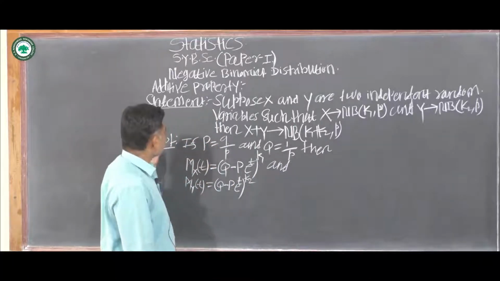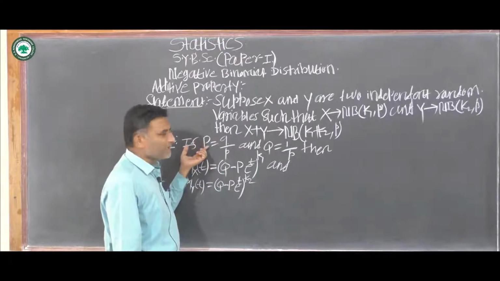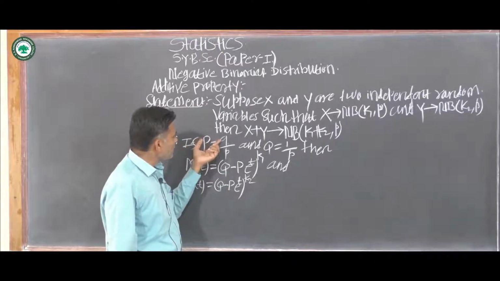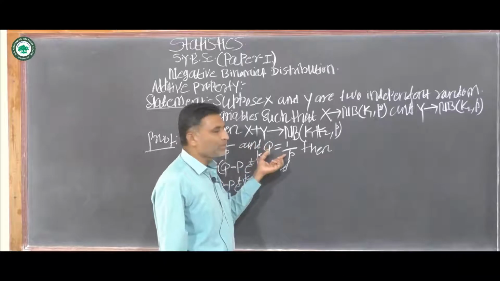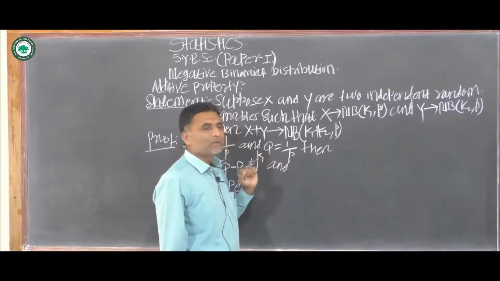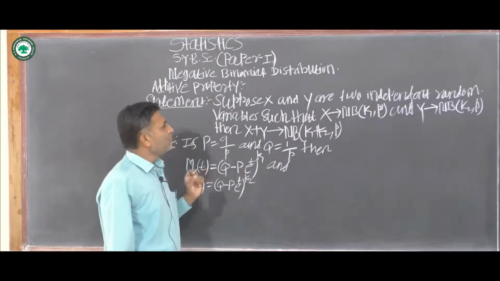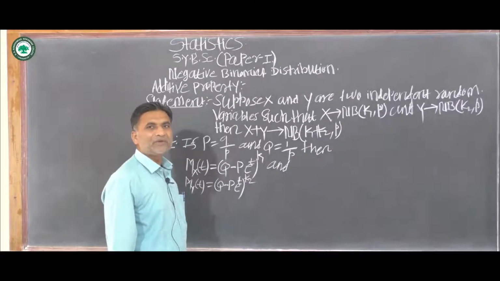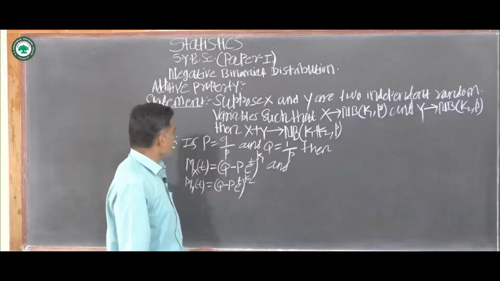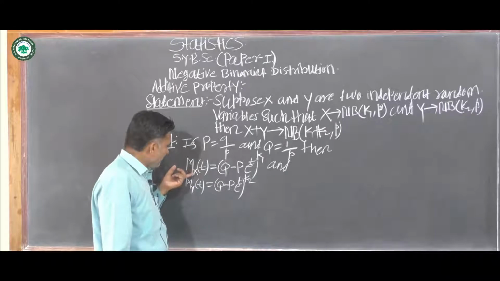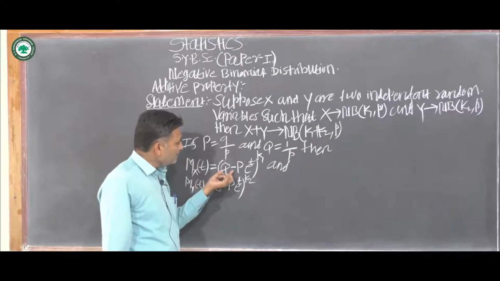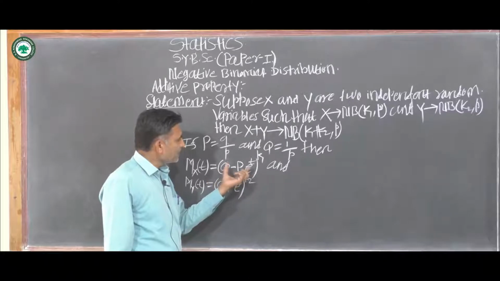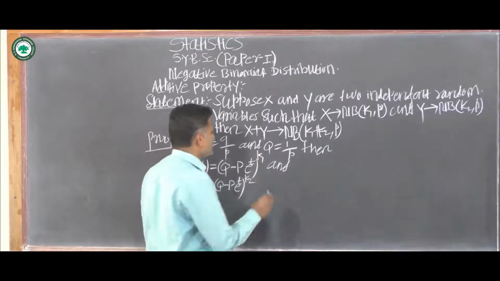To prove this, suppose capital P is equal to small q upon small p and capital Q is equal to 1 upon small p. Then we know that the moment generating function of the negative binomial distribution, for random variable X, Mx(t) is equal to (Q minus P e^t) raised to minus k1.